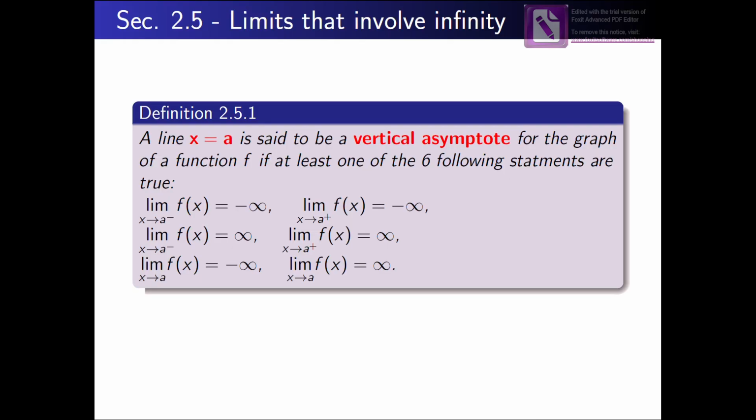So now we need to define the vertical asymptote.